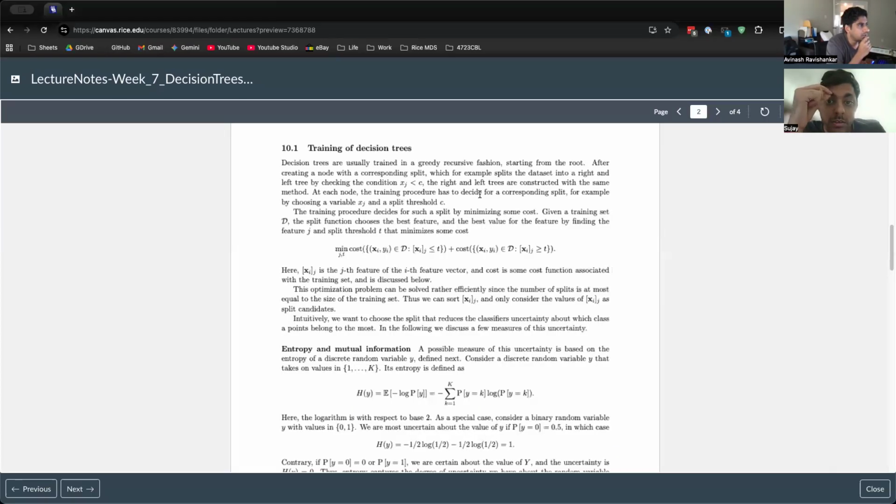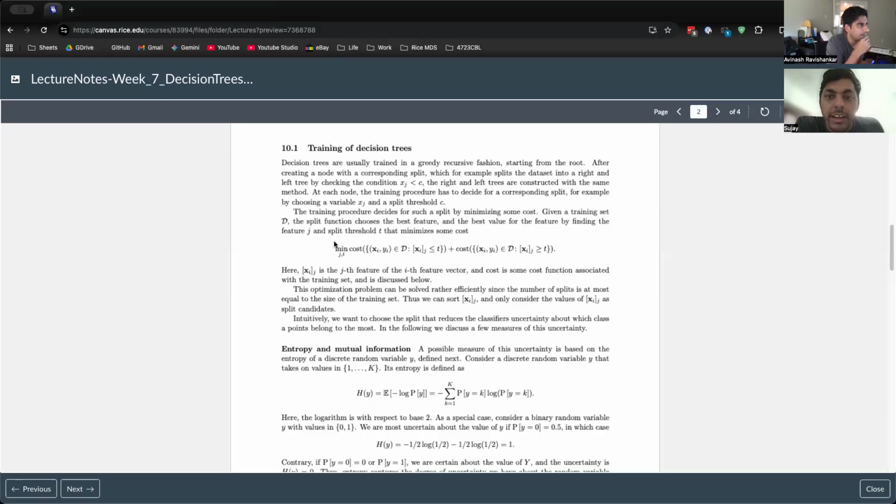The split function chooses the best feature and the best value for the feature. I don't see what the bad way of doing it is. I was watching some video about it, Sujay. It was about the limitations of splitting on... I forgot. I have to watch again. Okay, anyways.